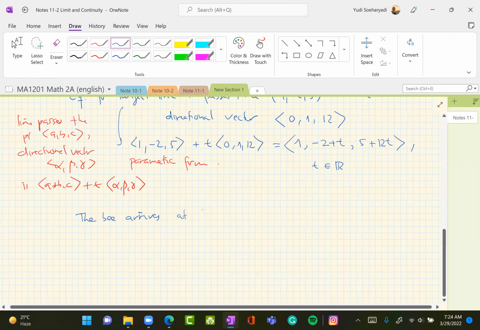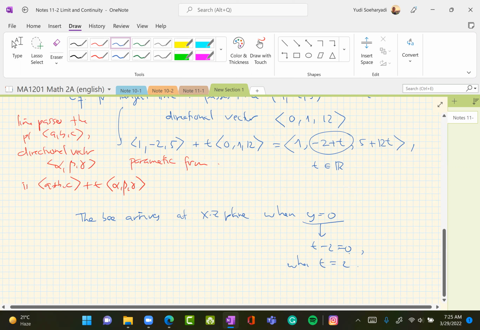It hits the XZ plane when y equals 0. Y equals 0 means this one here, so t minus 2 equals 0. So you get t equals 2.